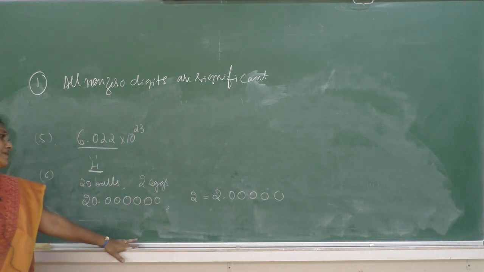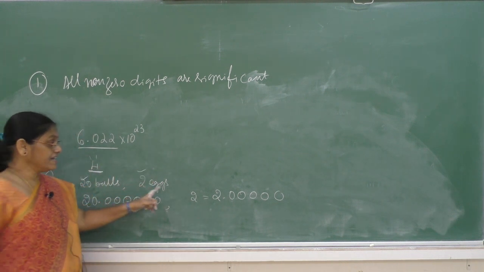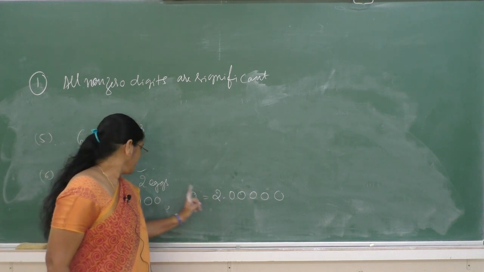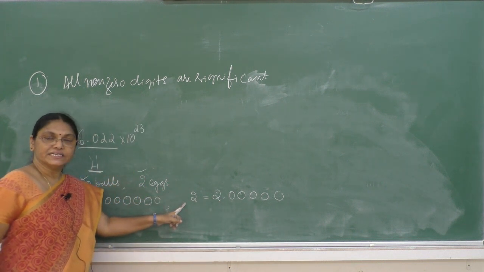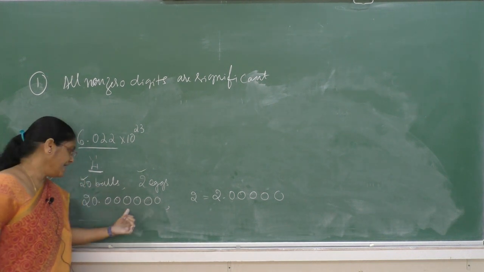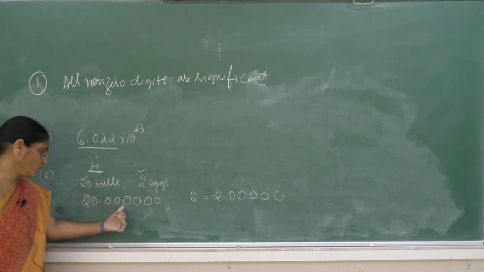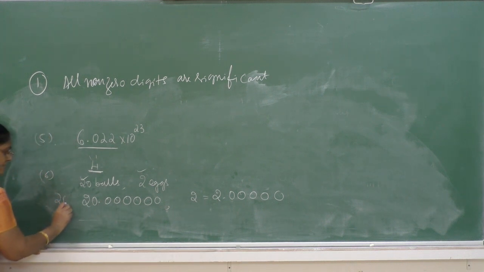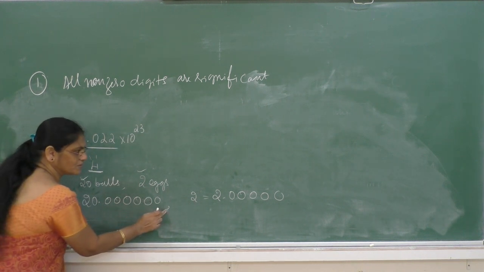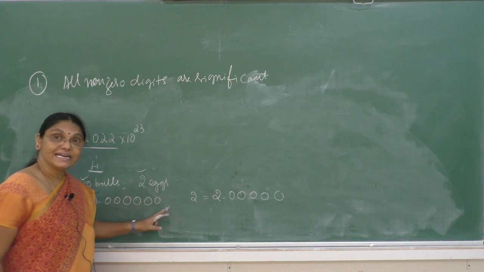So counting numbers have indefinite, unlimited significant figures because they are exact numbers and can be represented by adding zeros after the decimal point. This 20 can be written as 20.0000, with indefinite or unlimited zeros.